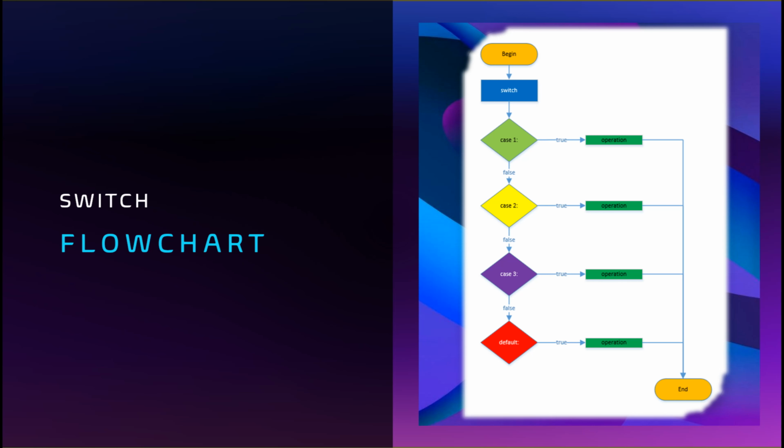There is a default that if none of the cases are met, default will run. This is like the else statement for an if-else statement. All right. They are very important, and I recommend to always have them. So let's take a look at some switch statements.